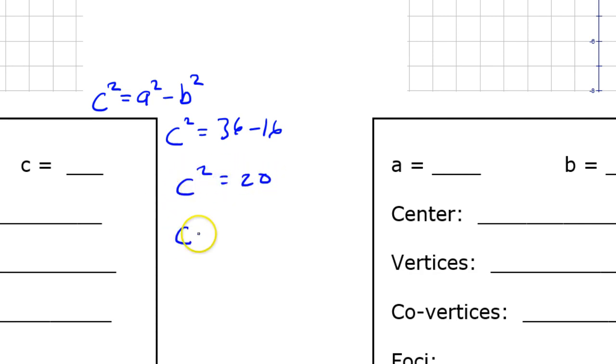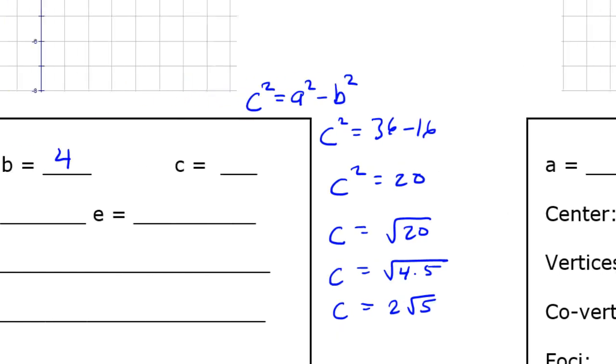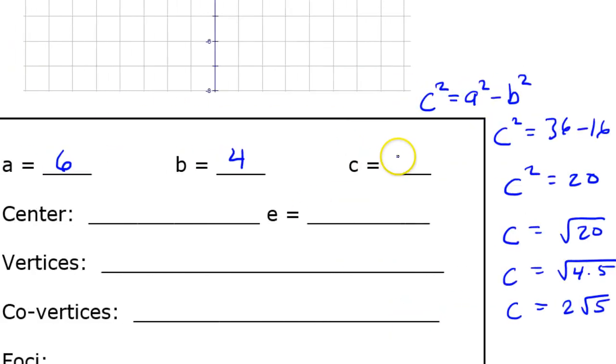Taking the square root of both sides, c is equal to the square root of 20. Since 20 is 4 times 5, c is 2 radical 5. So we have our a, b, and c.